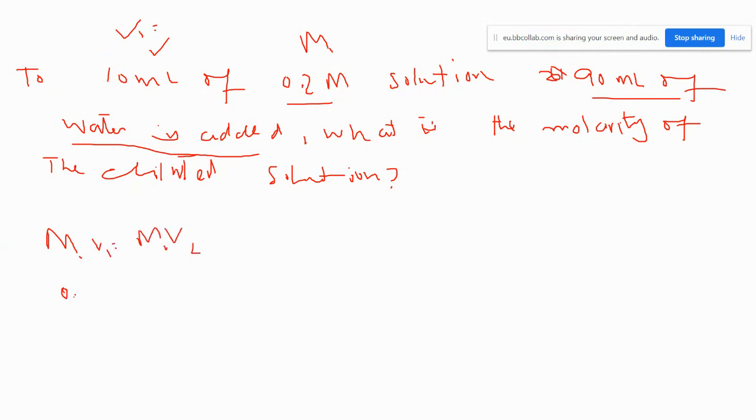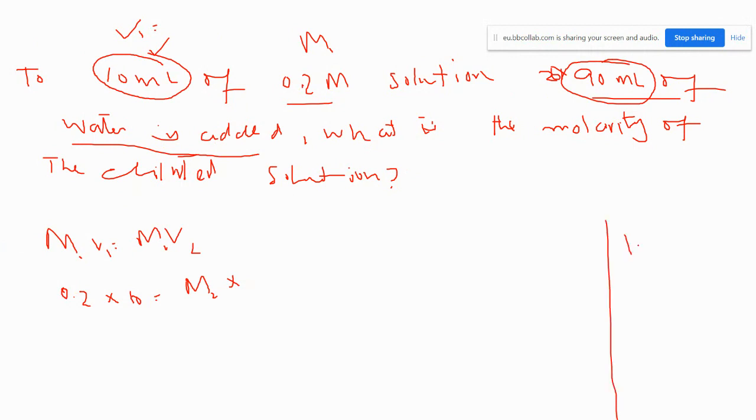M1 is 0.2 molar, given. V1 is 10 ml. M2 we don't know, but what is V2? 100. If we have 10 ml solution 1 and then we add 90 ml of water, this will be your V2.